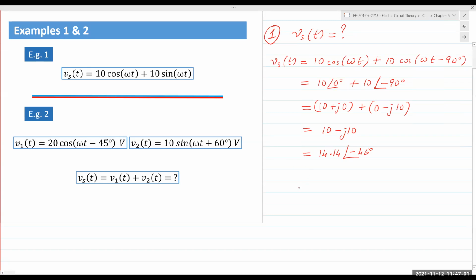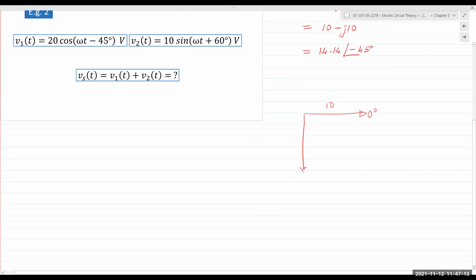So this is 0 degrees, length of 10. This is minus 90. Again, length of 10. Does that make sense?